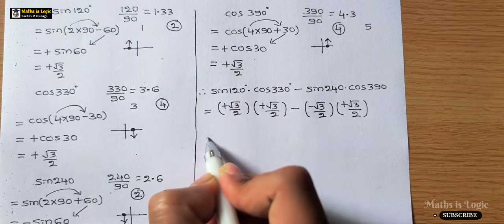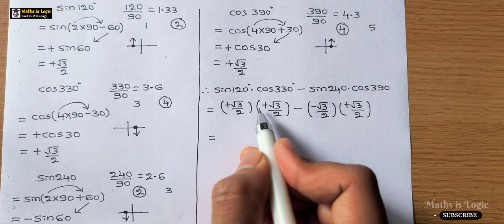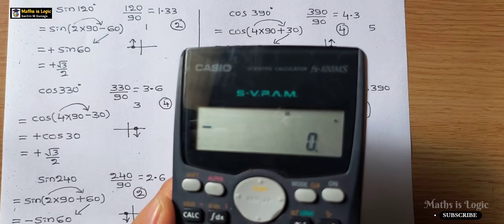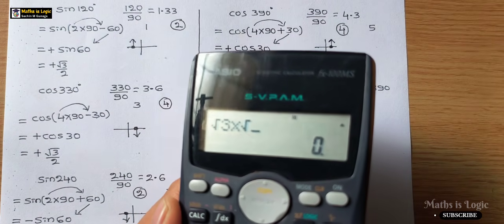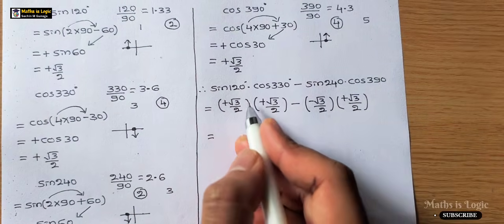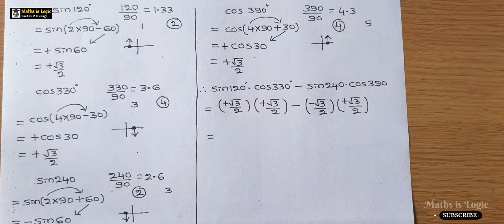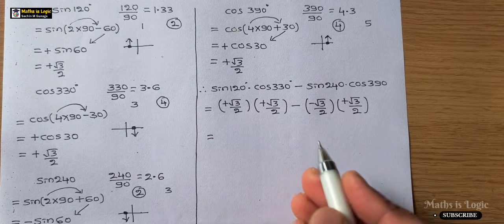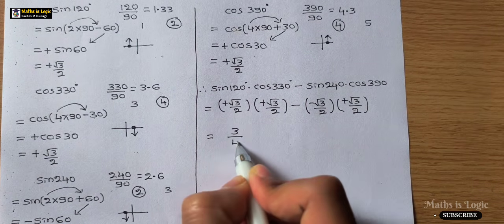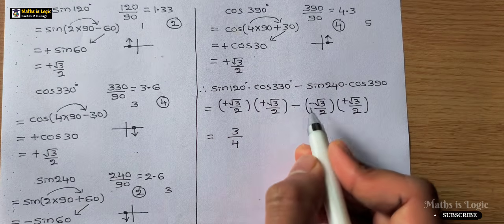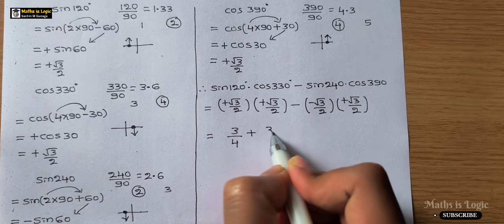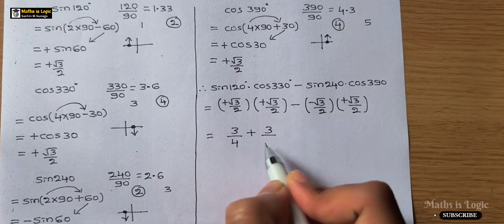Now plus into plus is plus, root 3 into root 3 is 3, divided by 2 into 2 is 4. Next, minus into minus is plus. Again same, root 3 into root 3 is 3 divided by 2 into 2 is 4.